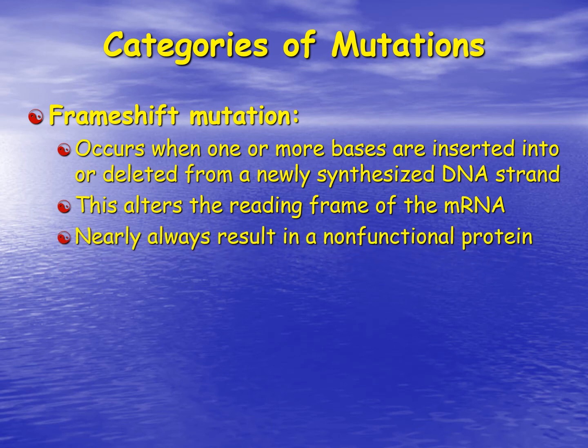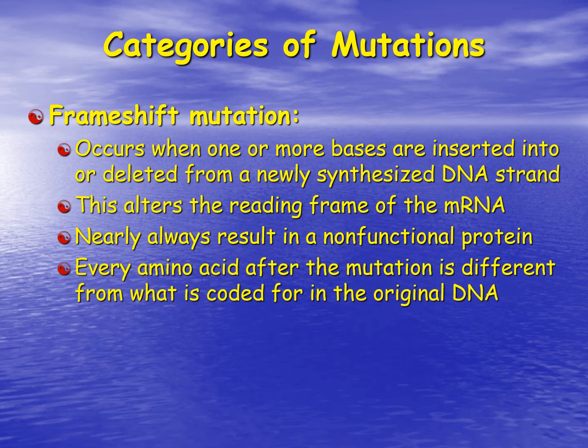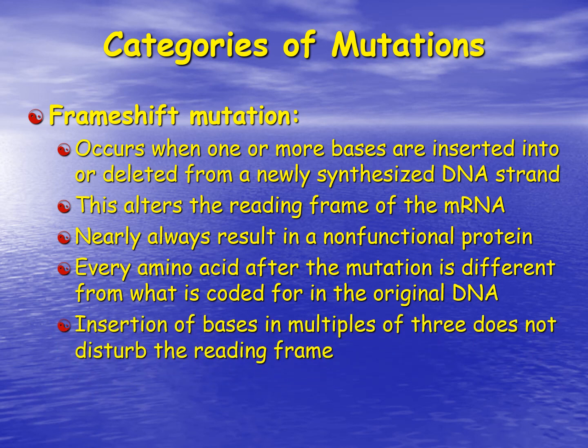This nearly always results in a non-functional protein. Every amino acid after the point of mutation is different from what was coded for in the original DNA. Insertion of bases in multiples of 3, however, does not disturb the reading frame. It simply puts in another amino acid within the sequence.